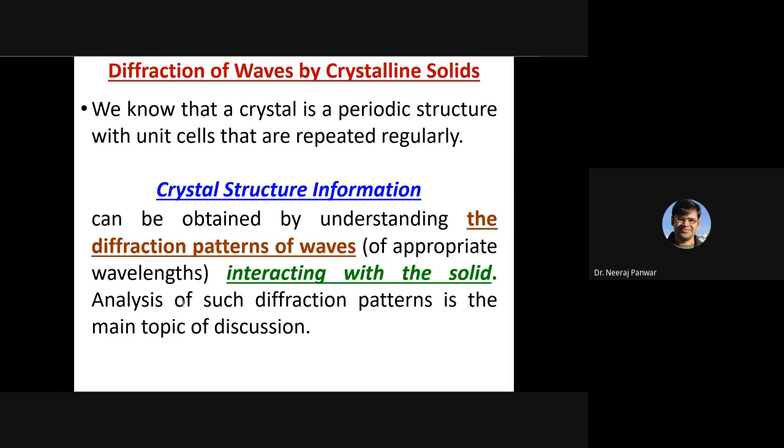So crystals are periodic in nature, like the days of a week are periodic in nature. For example, today is Tuesday. After 7 days, again there will be Tuesday. After 7 more days, again we will have Tuesday.